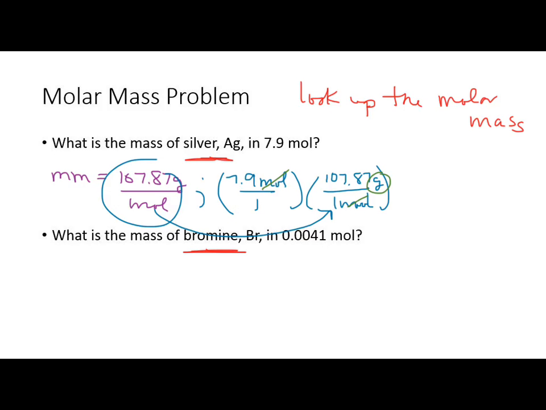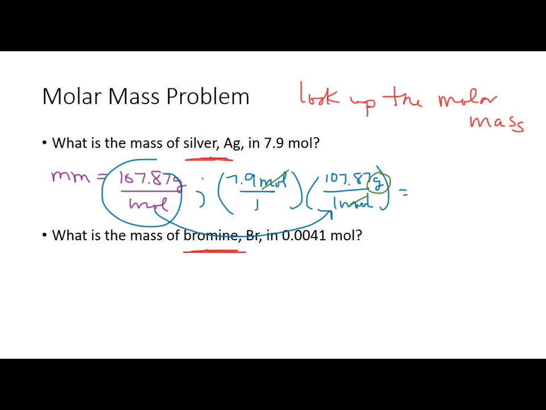Kind of like physics problems, in a way. So it looks like we're going to have to round according to 2 decimals. 7.9 times 107.87. Wow. Okay.